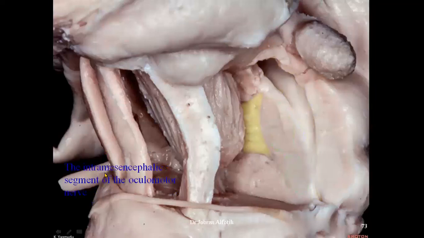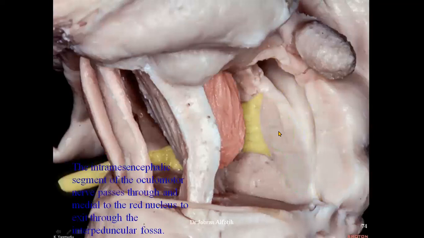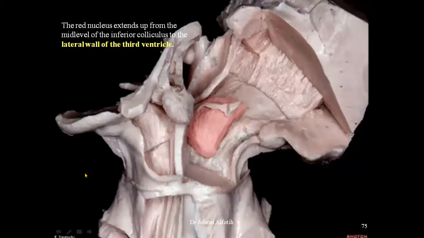The intramesencephalic segment of the oculomotor nerve can be seen here, near the oculomotor nucleus, and the interpeduncular segment of the oculomotor nerve passes medial to the red nucleus to exit through the interpeduncular fossa.